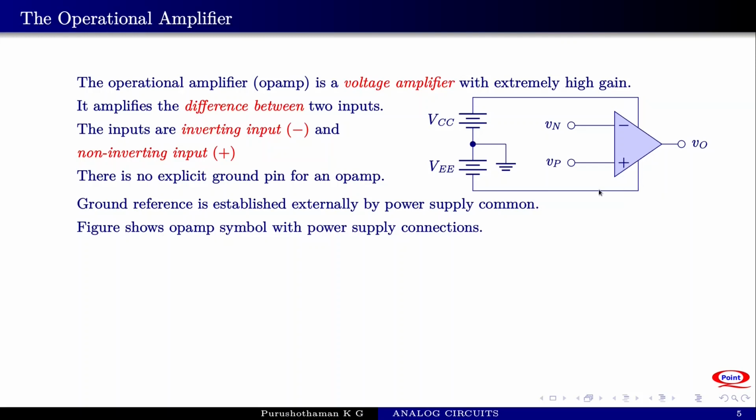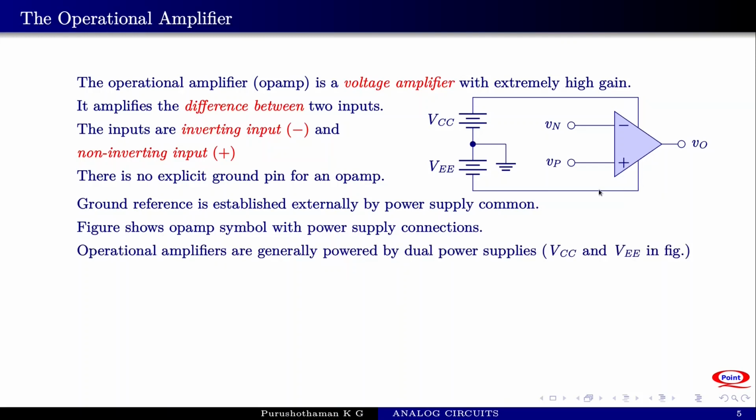So usually operational amplifiers work with dual power supplies like VCC and VEE here. Typical values for the 741 type operational amplifier for the power supplies are plus and minus 15 volts or plus and minus 12 volts and so on.